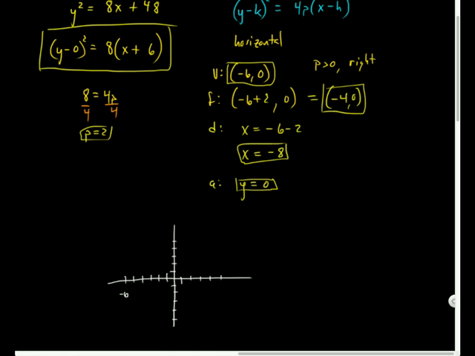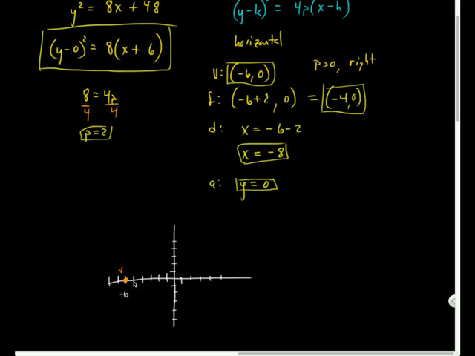So let's plot our points. So I've got negative 6, 0 is right here. Actually, I do have to go, sorry, I have to go over as far as negative 8, don't I? Fortunately, I had a little extra room. So here's my vertex. My focus is p units to the right, because it opens to the right.